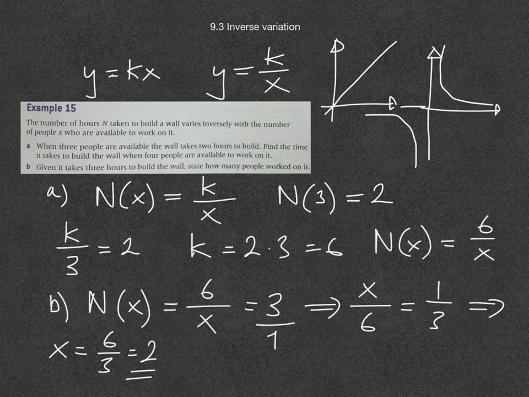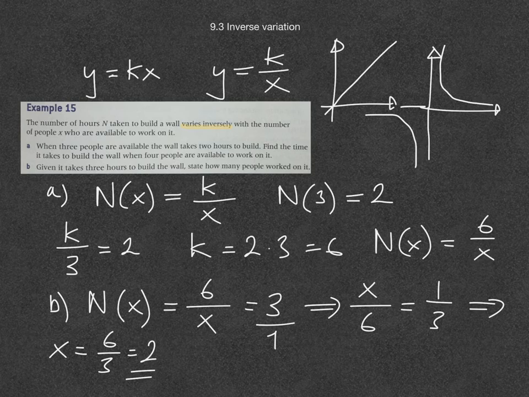Now, whether you're dealing with direct variation or inverse variation, the recipe here is always the same. You have to interpret the information you're given. So you want to pay particular attention to, are we talking about direct variation or inverse variation, as in this case?